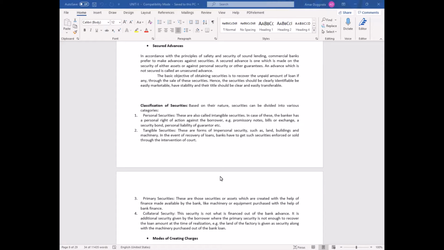So when banks usually lend or grant loans for a longer period of time, they would like to secure the lending process. So when they would like to secure the lending process, they would also like to bring into emphasis one of the sound lending principles of safety and security. So when you are giving loan to a consumer or a commercial organization, you need to make sure that you get the money back.